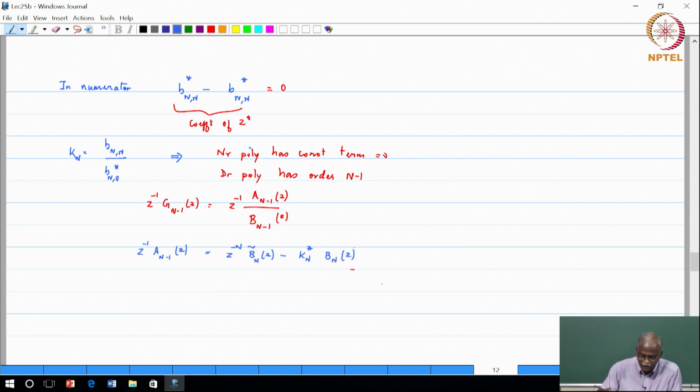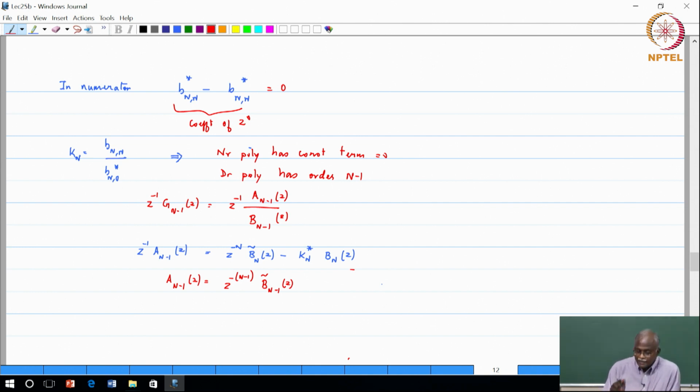This is the expression for the numerator, and you can verify, again it is absolutely straightforward, but very important that you verify that this gives you the following result, that a n minus 1 of z is actually equal to z power minus n minus 1 Bn minus 1 of z tilde. Okay. Very important that you are able to verify. It's straightforward, but please do verify that this is the case.